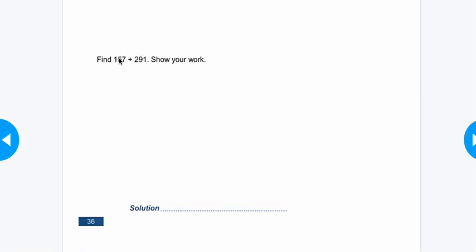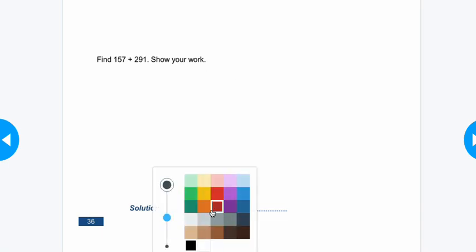Next up, we have the number 157 plus 291. All right, let's go ahead and do this. So go ahead and pause the video, and I want you to break down 157 first, then 291. Then we're going to add up those place values and check yourself. You can do this on your whiteboard or in your math journal.